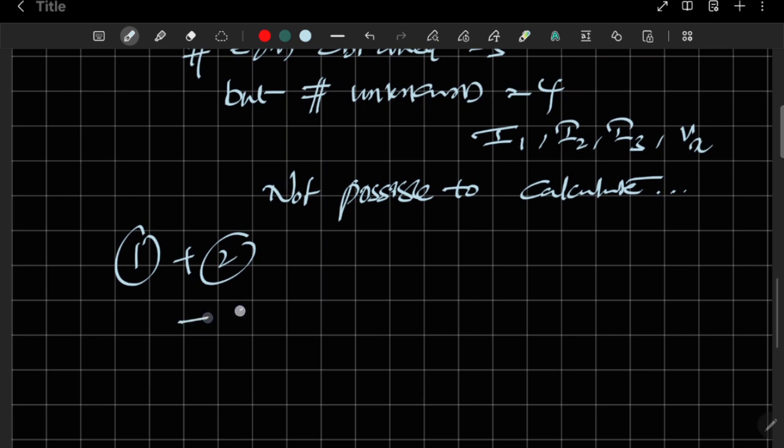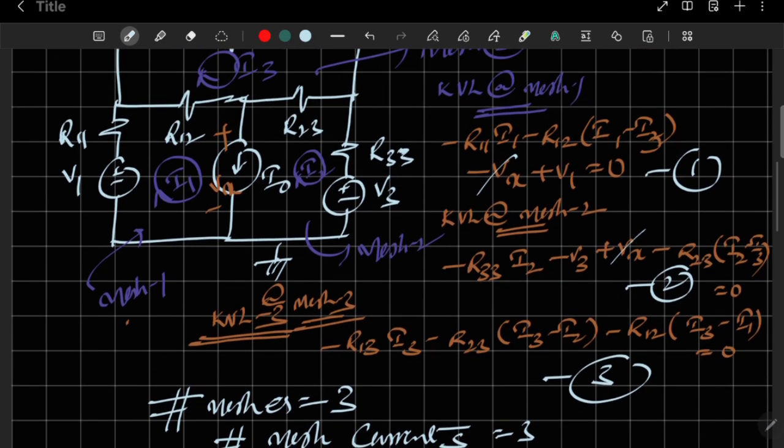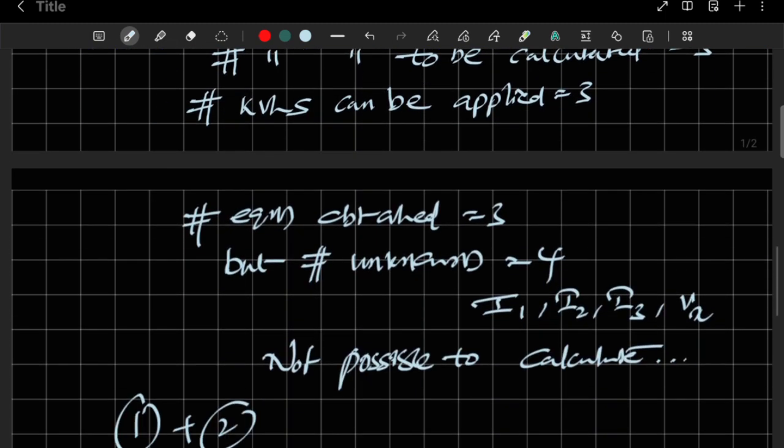is minus R11 into I1 and minus R12 into I1 minus I3. It is plus V1 is equal to 0. Okay, next for the second mesh equation, what are the remaining things we got?